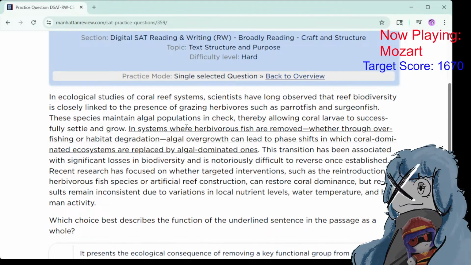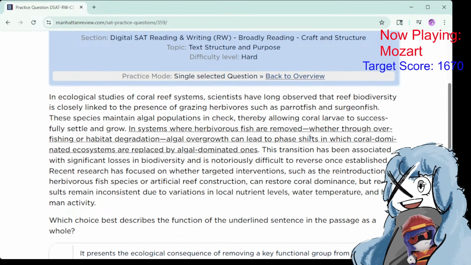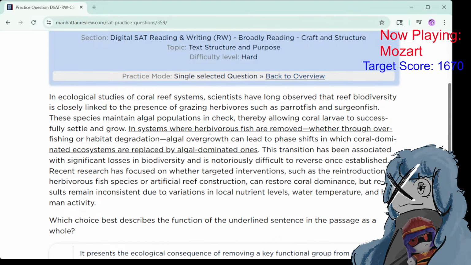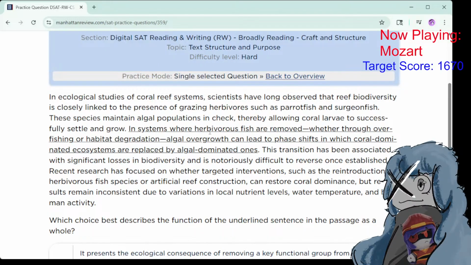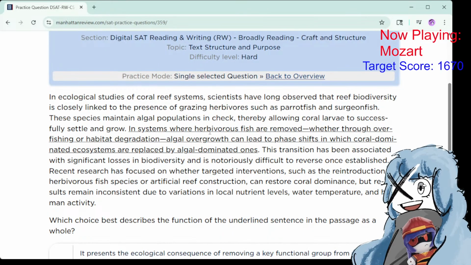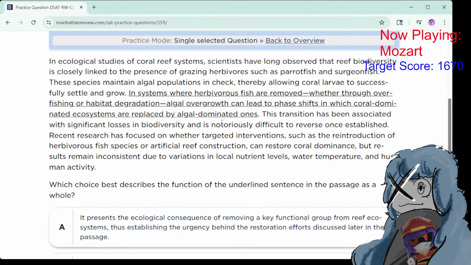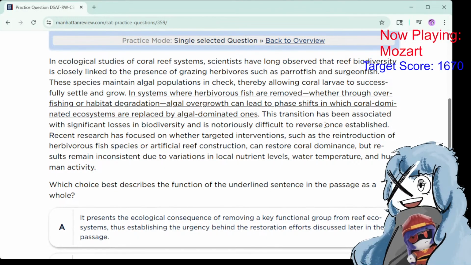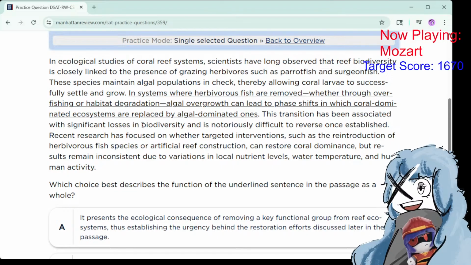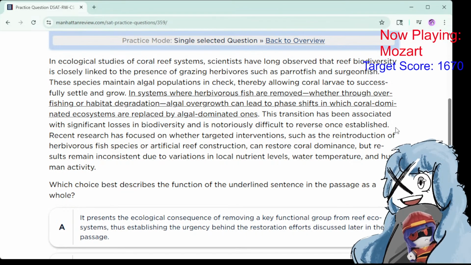But it's hard to compare and contrast; it's talking about cause and effect. If you remove herbivore fish, you go from a coral-dominated ecosystem to algae-dominated ones. Difficult to reverse once established.